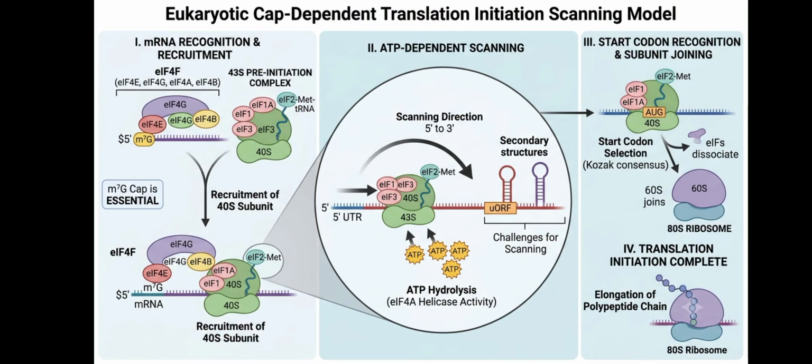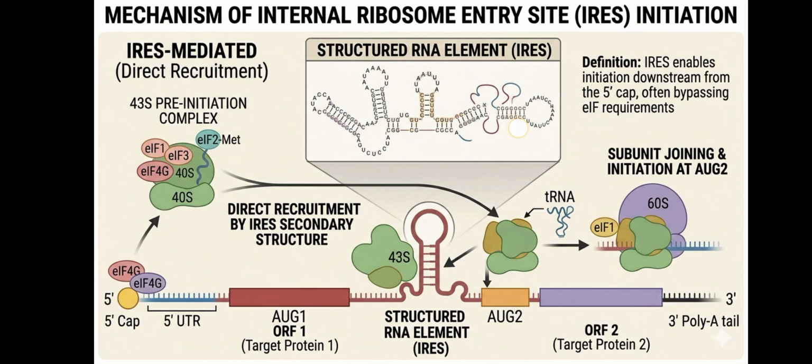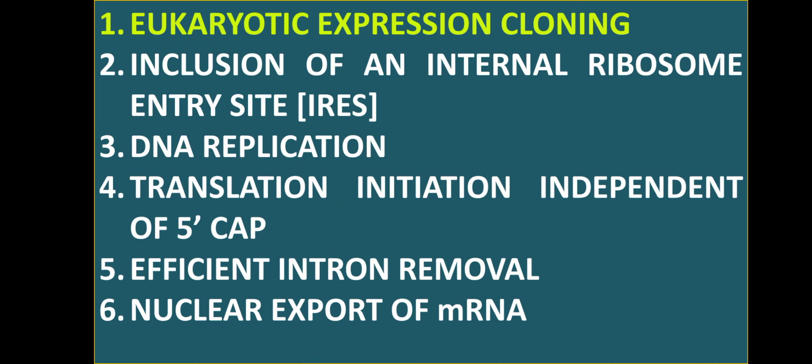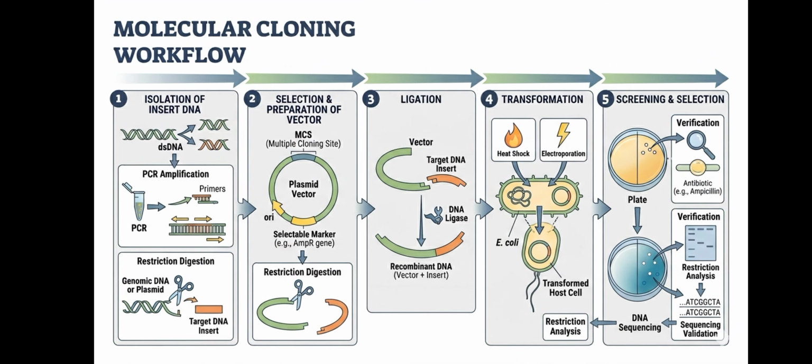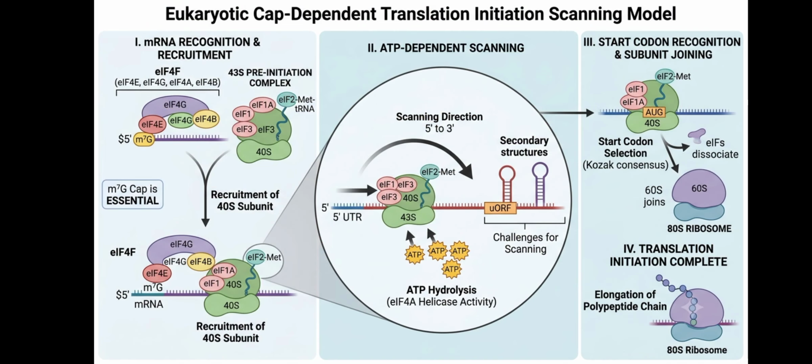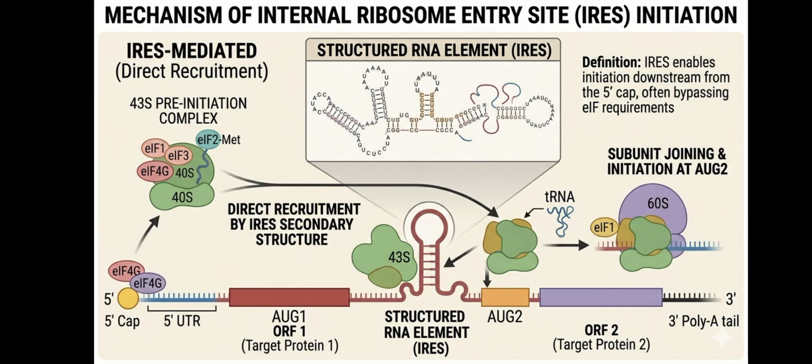Now remember that you have just seen in molecular cloning, the vector brings the gene of interest to the bacteria, isn't it? In this case there was the insulin gene, and the IRES is present.